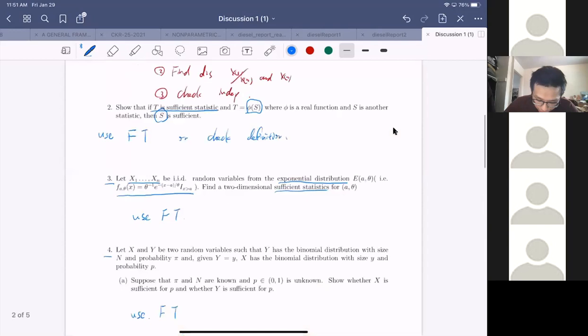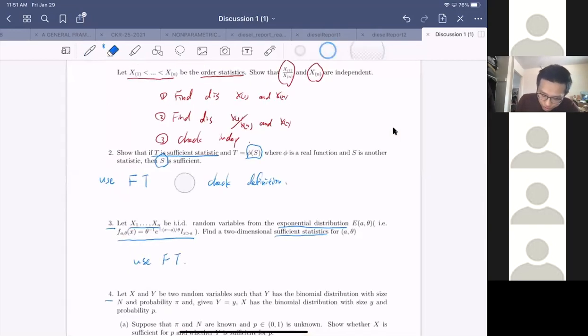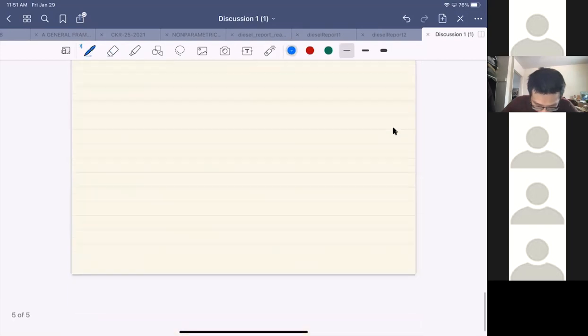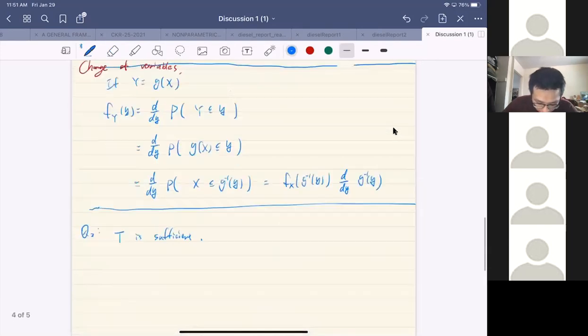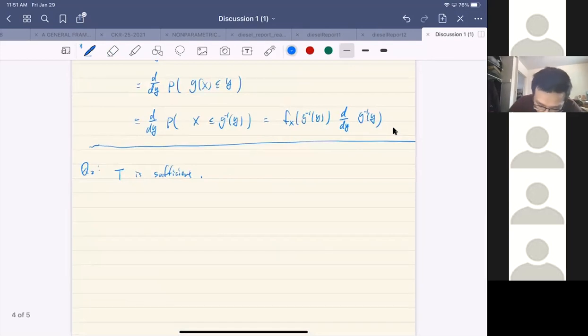I just realized it's very hard to check the definition, so please use the factorization theorem. T is sufficient, and we have T equal to phi of S. Then it can imply phi of S is sufficient.